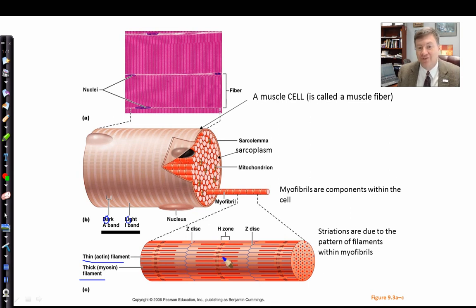But right now, let's focus on this idea that the reason we have this dark and light pattern is because of the arrangement of these filaments within a myofibril. Myofibrils are parts of muscle cells. Muscle cells help make up muscle tissue. Muscle tissue helps make up the skeletal muscle. Whew. And we're not done yet.